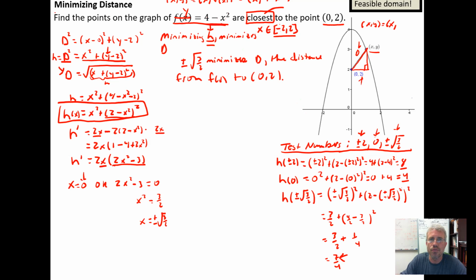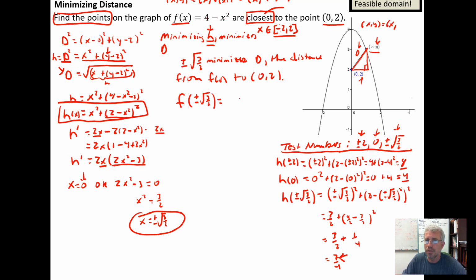Now notice where it says find the points on the graph. I've only found the x-coordinates of the points on the graph, but the points occur in x, y ordered pairs. So I also need to get the value of y that goes with the input x equals plus or minus the square root of 3 halves, right? This is the x-coordinate. I need the y-coordinate that goes with it, but remember the function value is the y-coordinate. So we just need to plug into our function f of x the plus or minus the square root of 3 halves.